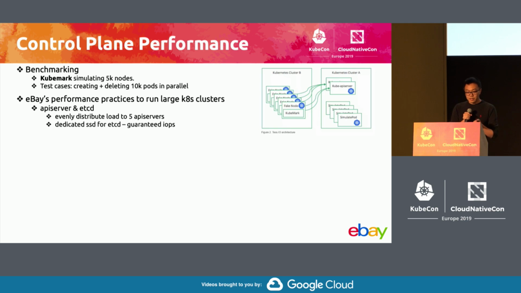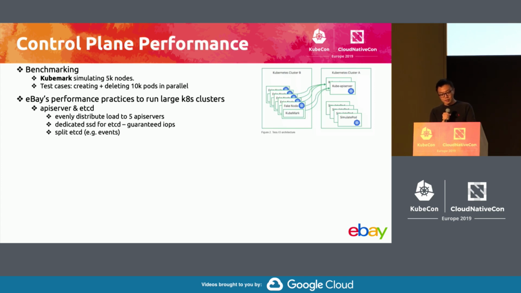But next is etcd. Our practice is to always have dedicated SSDs for etcd so that you have guaranteed IOPS. I think this is rather obvious. But the other one is that sometimes you want to split your etcd. Some of the folks yesterday also mentioned that if the Ingress service controller is underperforming, you can split that specific piece for the service controller.